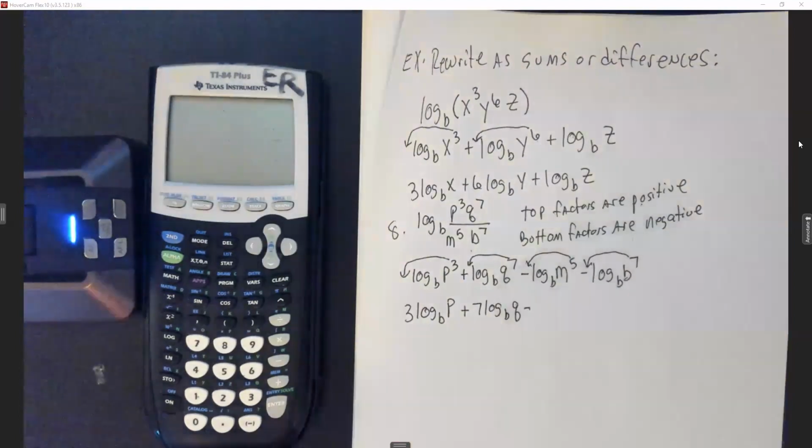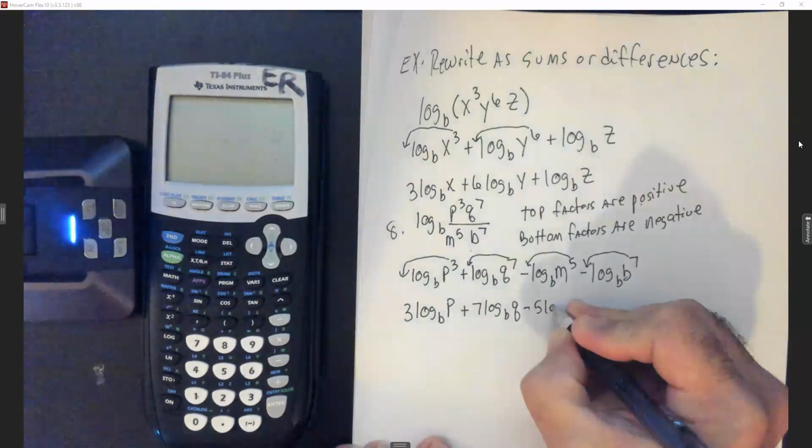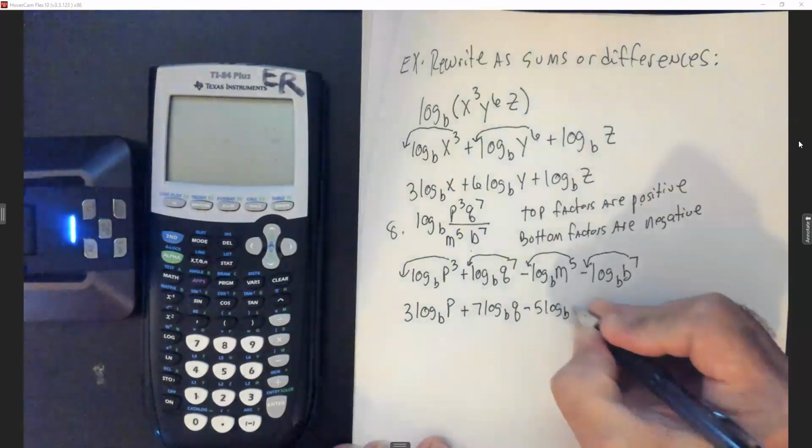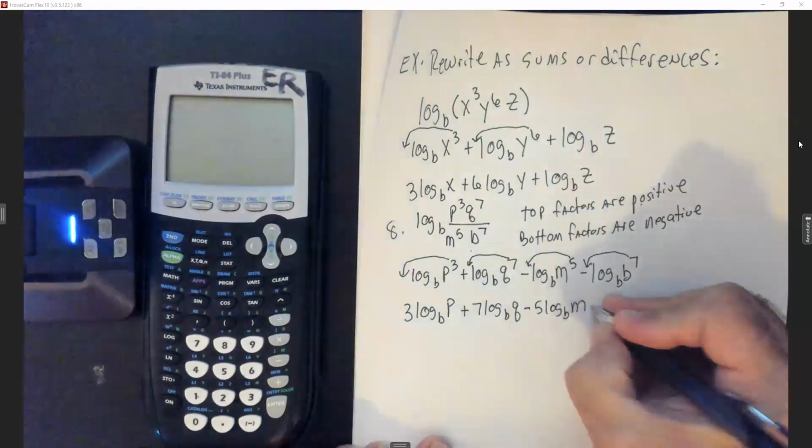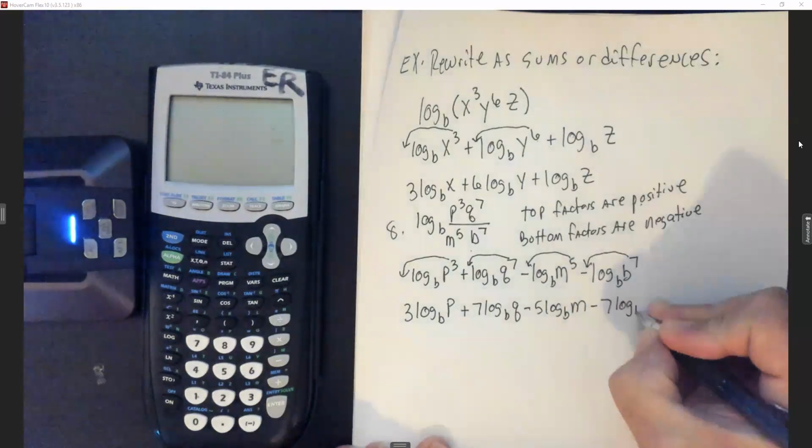And y'all, I'll tell you what, these problems sort of stay big with a lot of stuff in them because we really can't add like terms and combine any of these, okay? All right, so this one will give me what? 5 times the log b of m minus 7 times the log b of b.